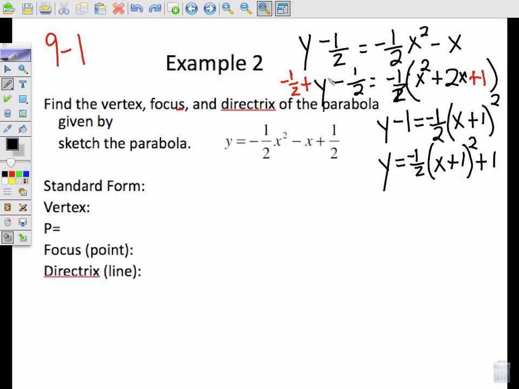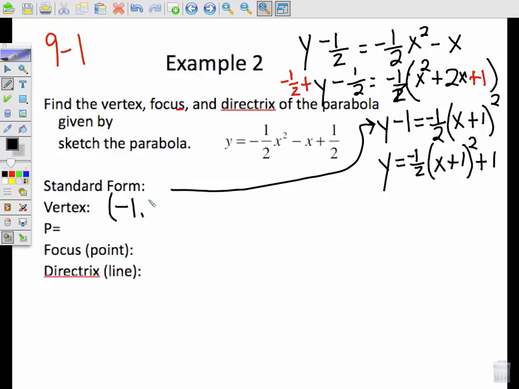Your standard form, if you can remember going back to your formulas, is actually right here. My standard form is before I put it into vertex form, right there. All right, my vertex, though, I can get that from my vertex form. Your vertex is negative 1, 1.